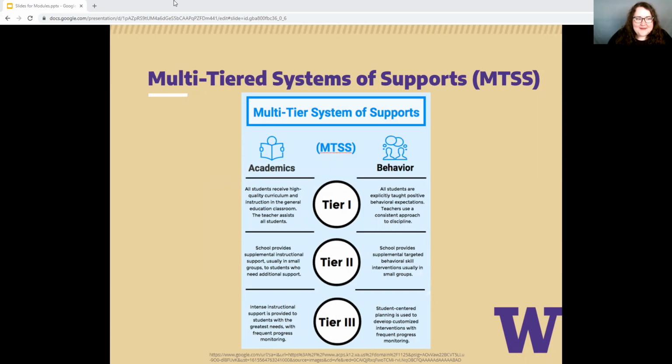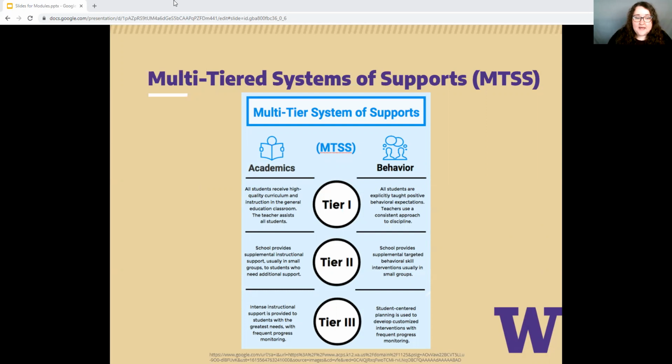That tiered model may remind you of the tiered model of multi-tier system of support, or MTSS, that's commonly implemented in schools. Within MTSS, in the academic realm, it includes Tier 1 support, such as providing high-quality curriculum standards for all students, Tier 2 level support, such as small groups for students who require additional instruction, and intensive academic support for students at the Tier 3 level.